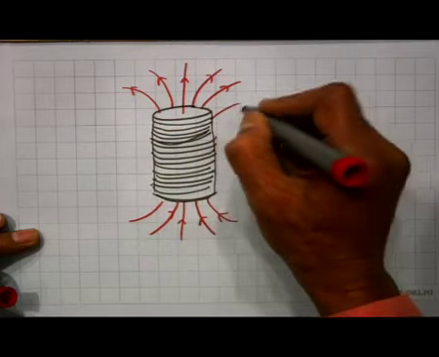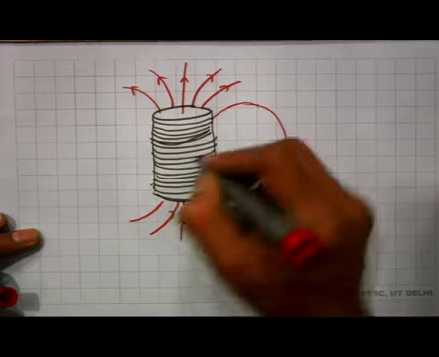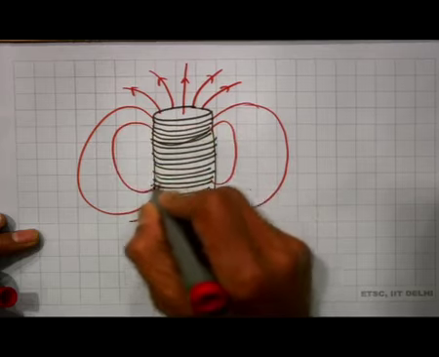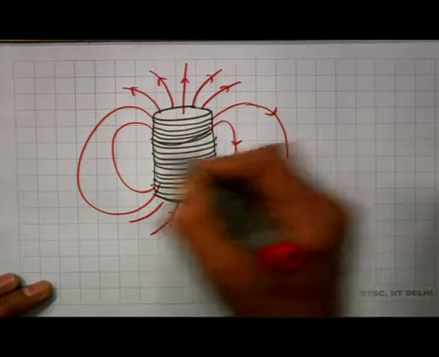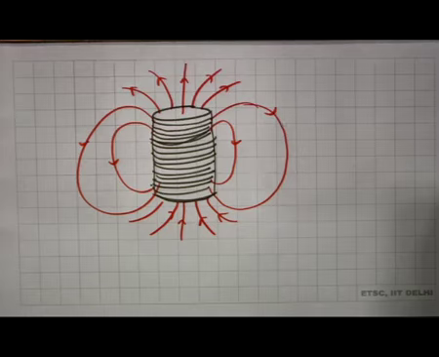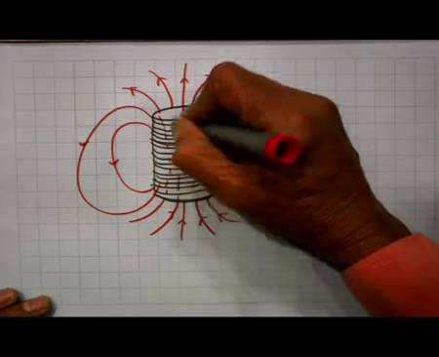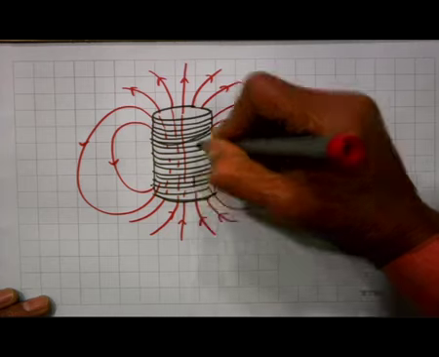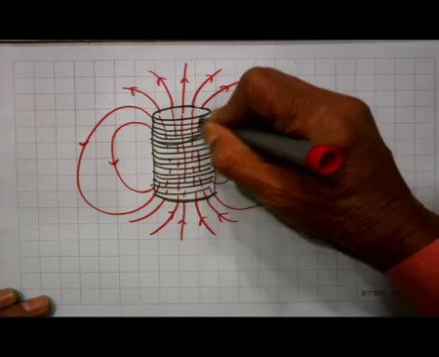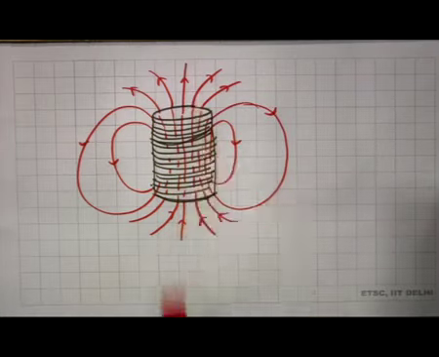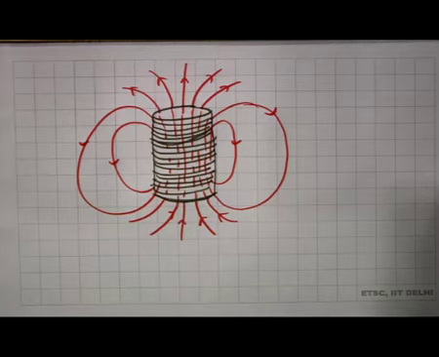And then you have some fields coming out like this and some weak fields coming out like this. So, that is a typical field within a solenoid. So, these lines will go like this here. So, as you can see here, the magnetic field lines are essentially pointing almost along the axis of the solenoid and being uniform within this solenoid.